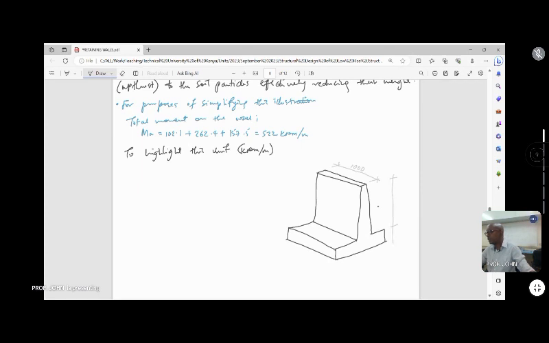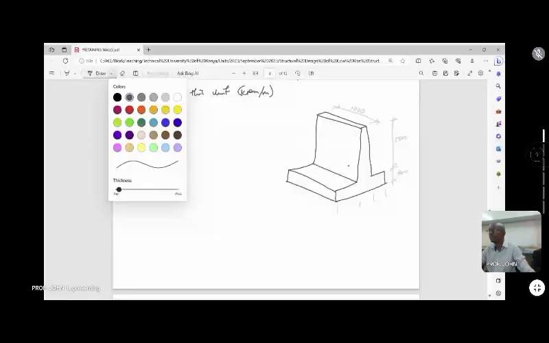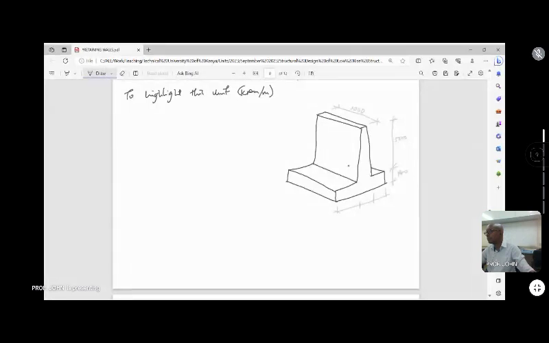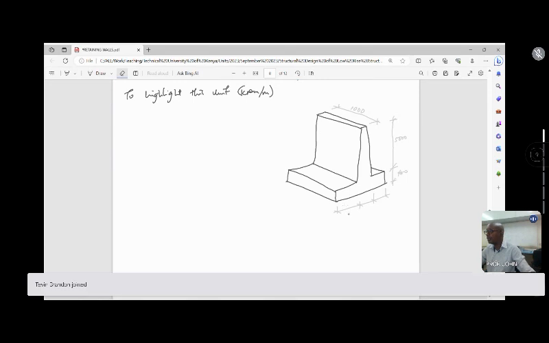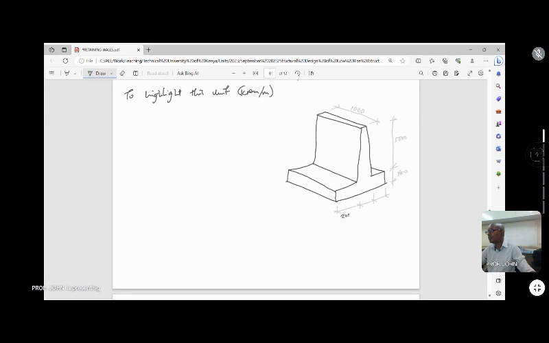Because we have these dimensions here, 5 meters, 400 for starters. This is 1,000.